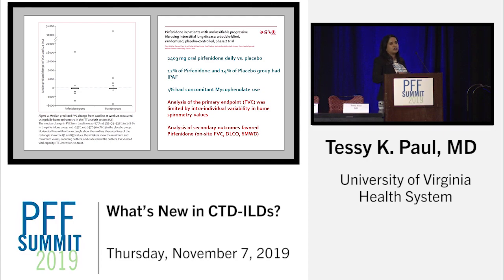But to be less intrusive and improve patient compliance, they just did one per day. And they got very high values. You can see this goes up to 36 and down to negative 4 in terms of the range of results. So it was very physiologically implausible, with extreme values, and essentially they couldn't apply their statistical model to their primary endpoint.